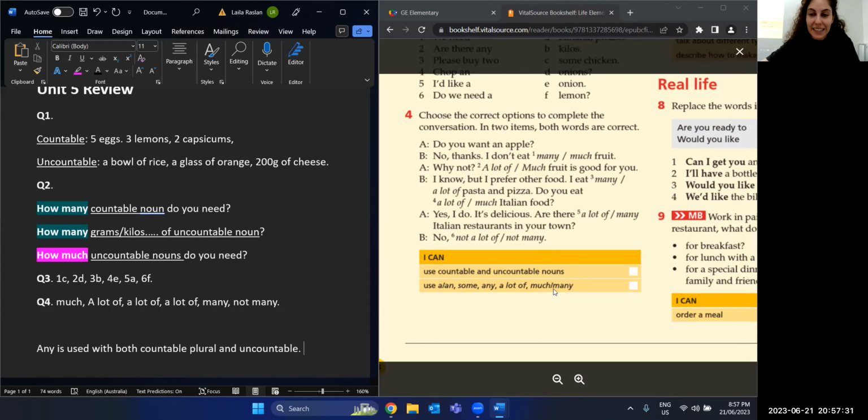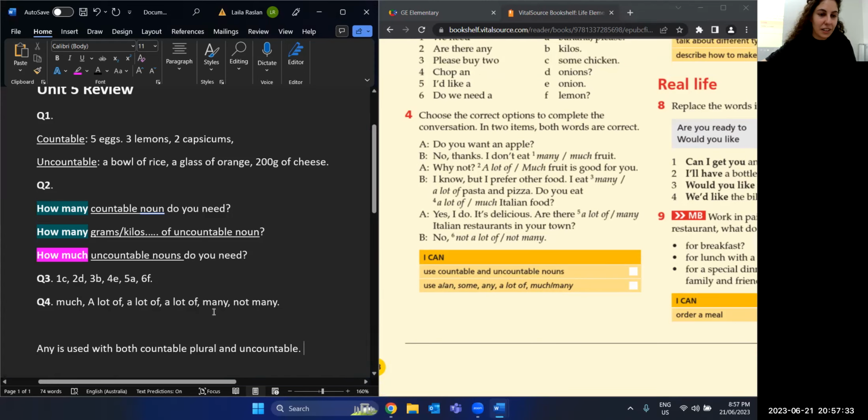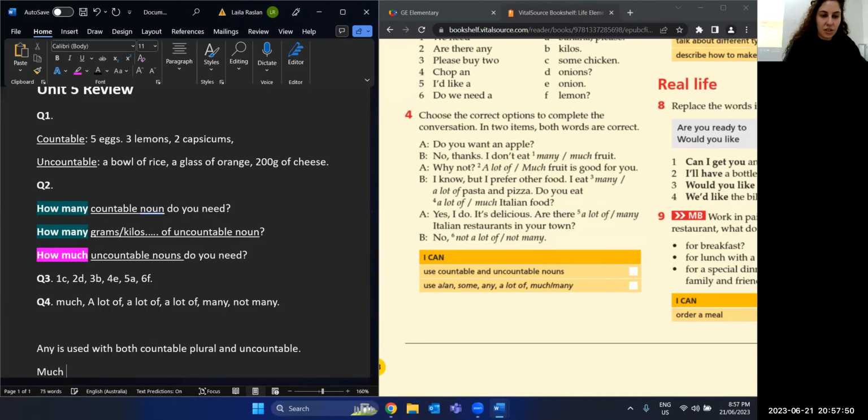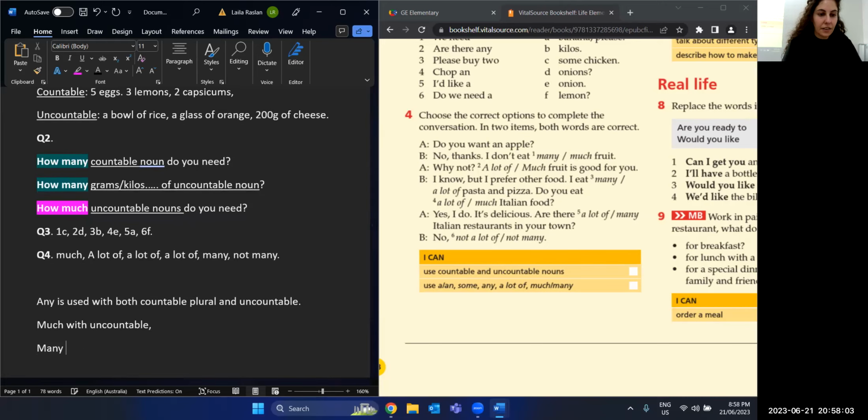And much and many, this is where it got a little bit hard. If it's a question, we know the rules because we looked at it here. But if it was in the conversation, no thanks, I don't eat much fruit. So we use much with uncountable. And many, I don't have many apples.